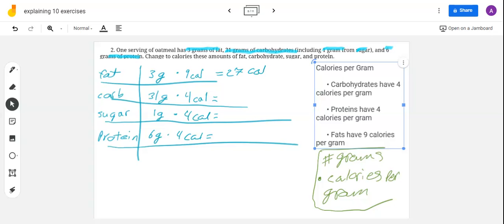31 times 4 would be 124 calories. 1 times 4 would be 4. And I'm going to draw a little arrow because those 4 calories of sugar are incorporated in the total amount of carb sugars that there are, right?